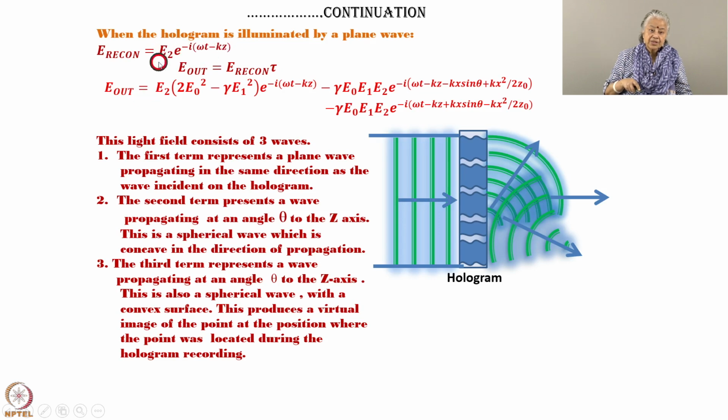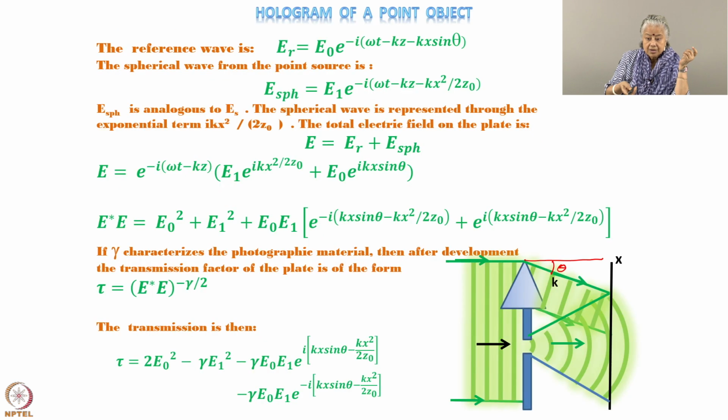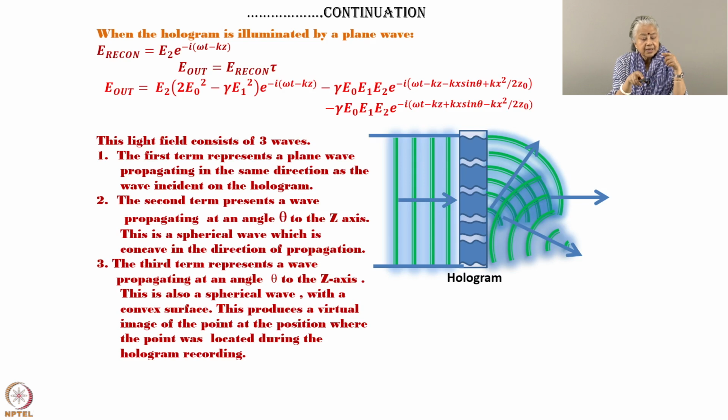Just as before, the amplitude of the reconstructing wave need not be the same as what you did initially. The amplitude can be different, and that is indicated by this factor of E2.